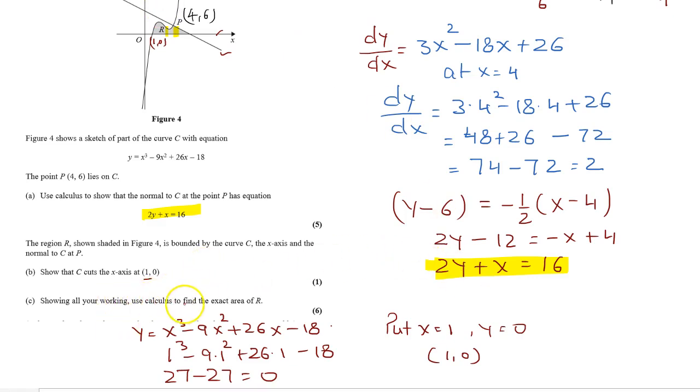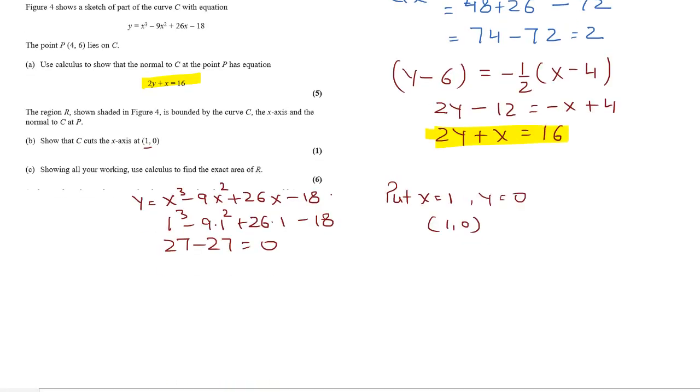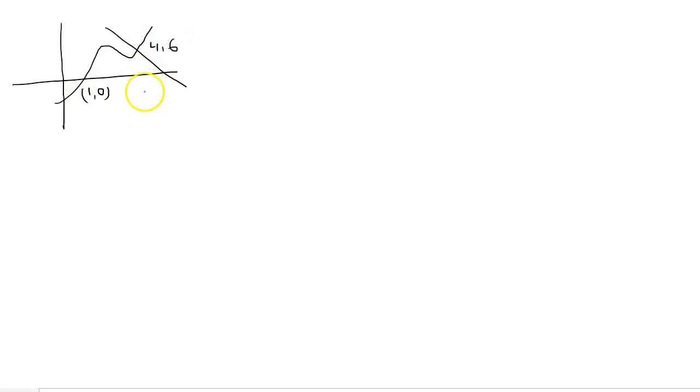Show all your working, use calculus to find the exact area of R. This is (1, 0). This is (4, 6). This distance we don't know. We have to find this area R. This is 4.